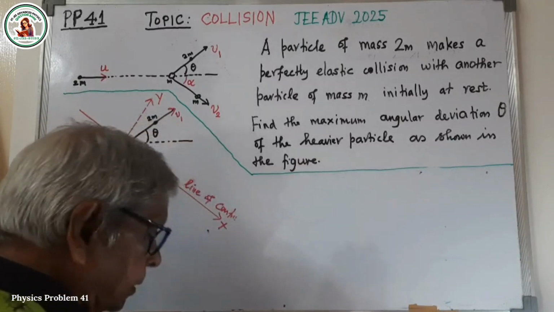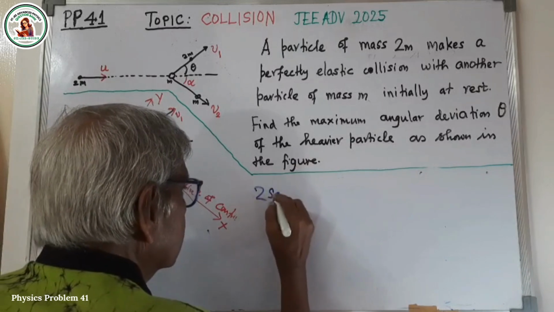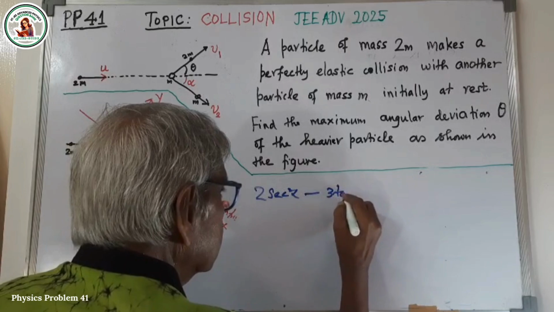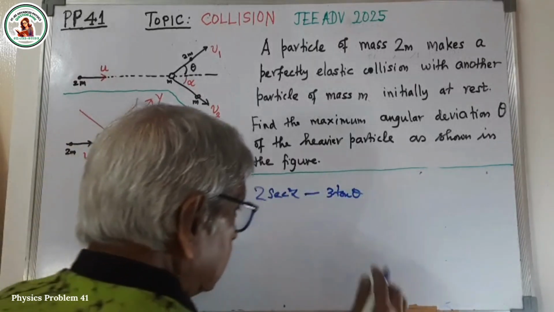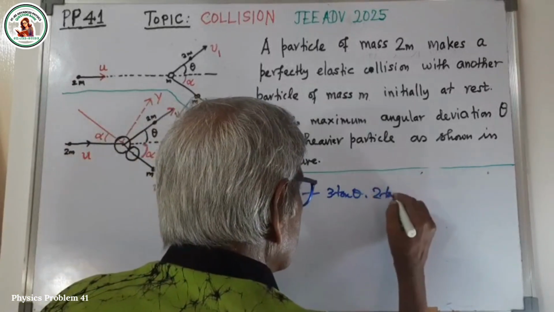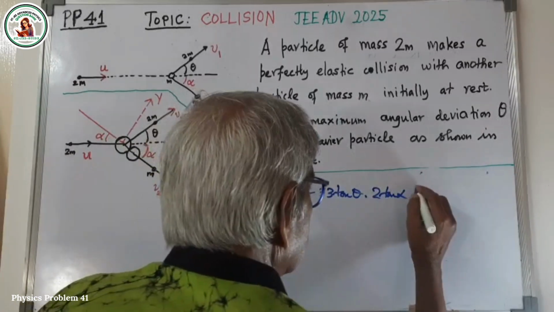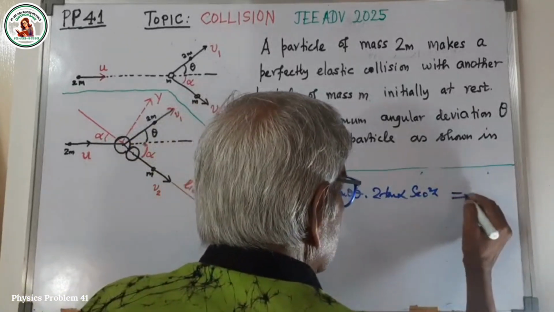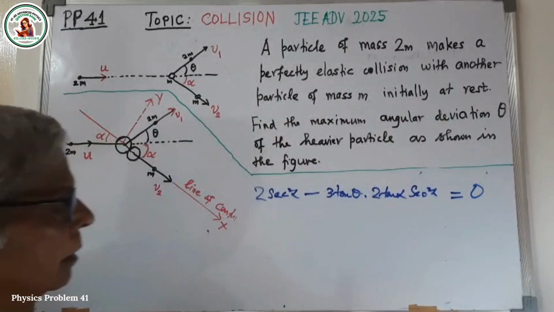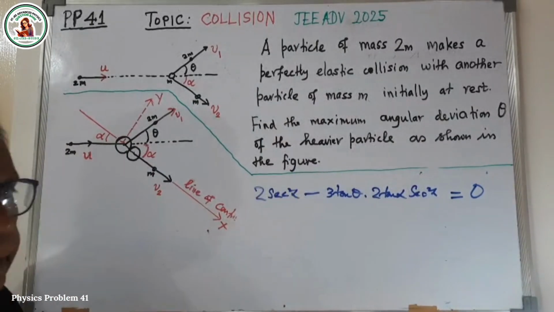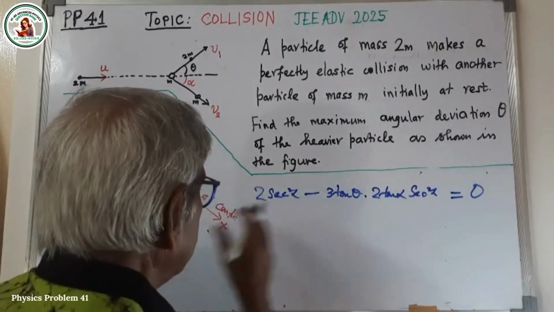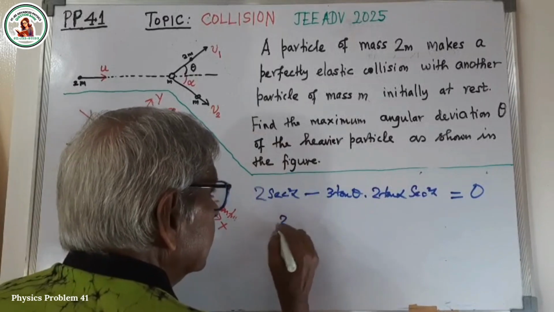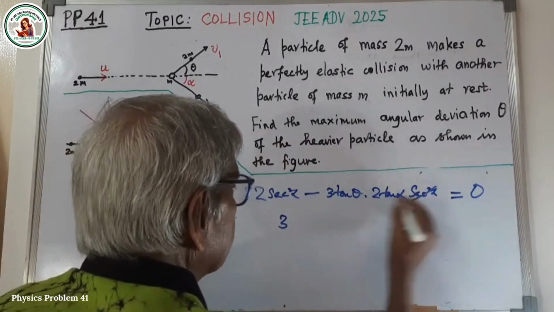So we get 2 secant square alpha minus 3 tan theta into 2 tan alpha secant square alpha becomes 0. Because wherever d theta by d alpha comes, we can neglect it, because that is going to be 0.